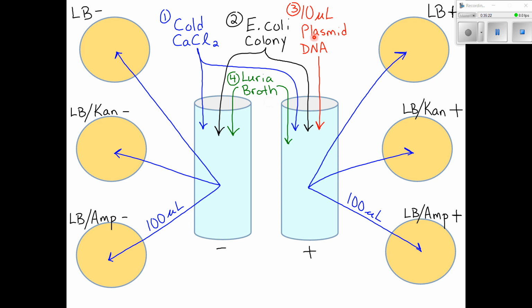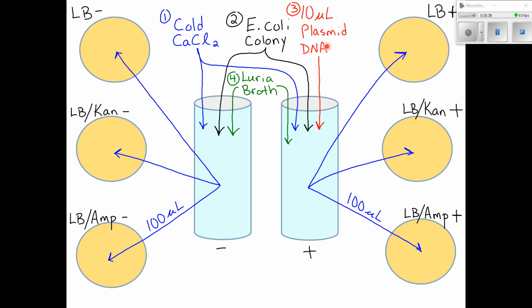But notice one of the test tubes, only the plus tube, you're also going to introduce a very small amount of a liquid solution that contains plasmid DNA.